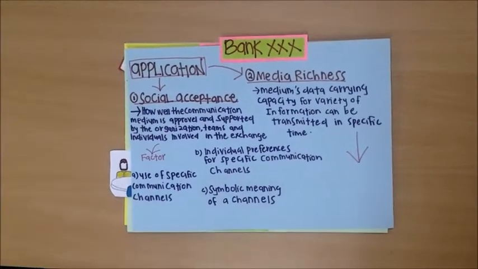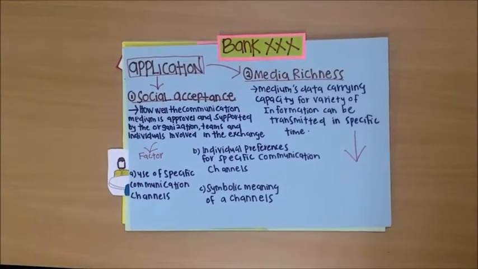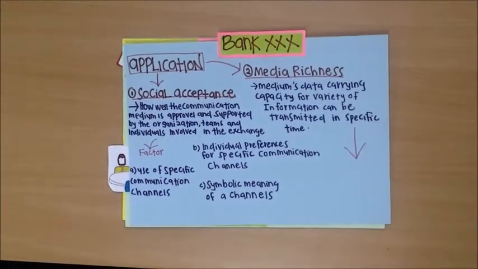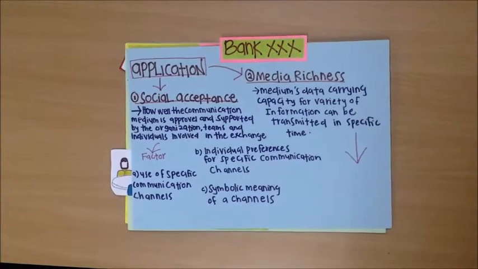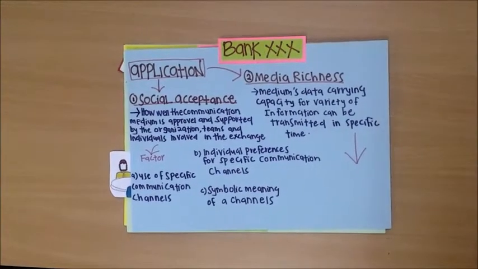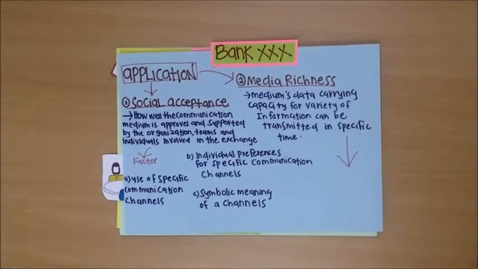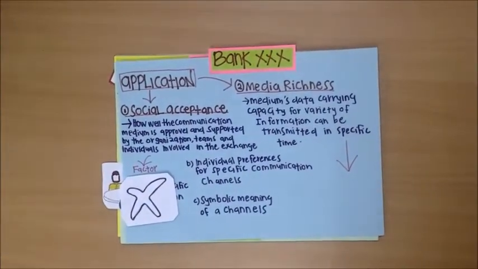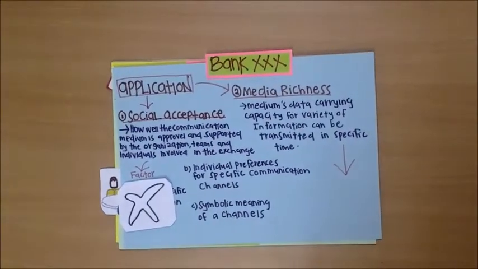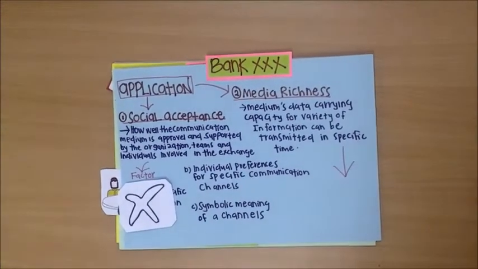Second, individual preference for a specific communication channel. And the third, symbolic meaning of a channel. While we did the observation, Bank XXX does not use factor 1. But for the second and third factors, they provide them in Bank XXX.